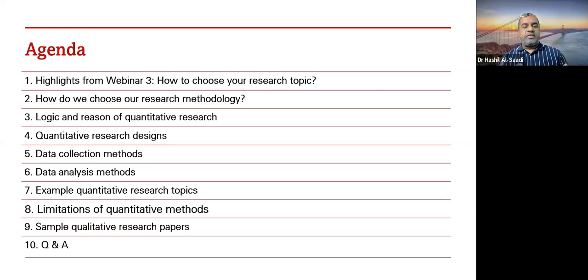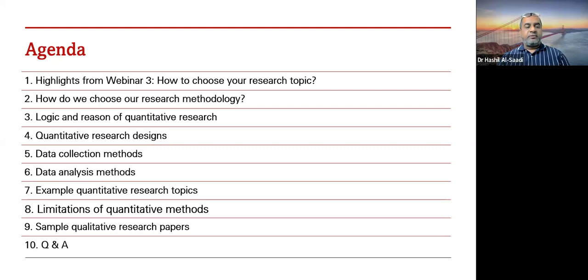We're going to see how we can collect quantitative data, what methods we can use to collect it, and how we can analyze them afterwards. So it's not just collecting the data, but we need to ask ourselves, what can we do with these data? So it's about data collection and data analysis also.